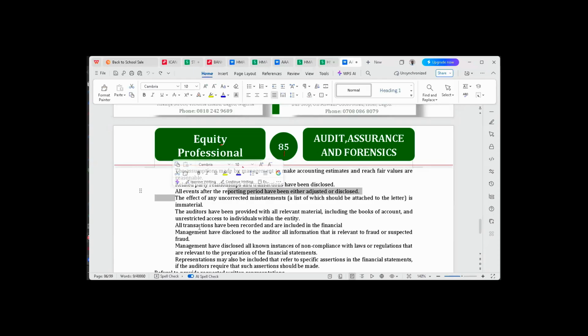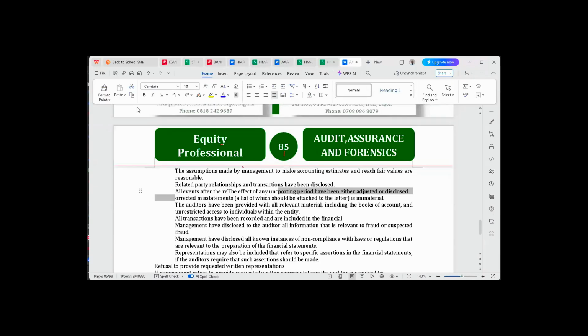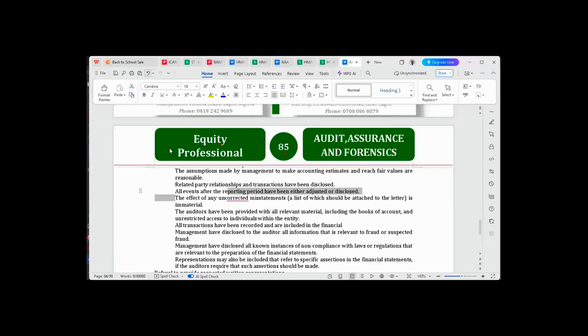The next one, the effect of any uncorrected misstatement, they will explain the effect of any uncorrected misstatement. The auditor has been provided with all relevant material, including the books of accounts and unlisted assets, to the individuals within the entity.